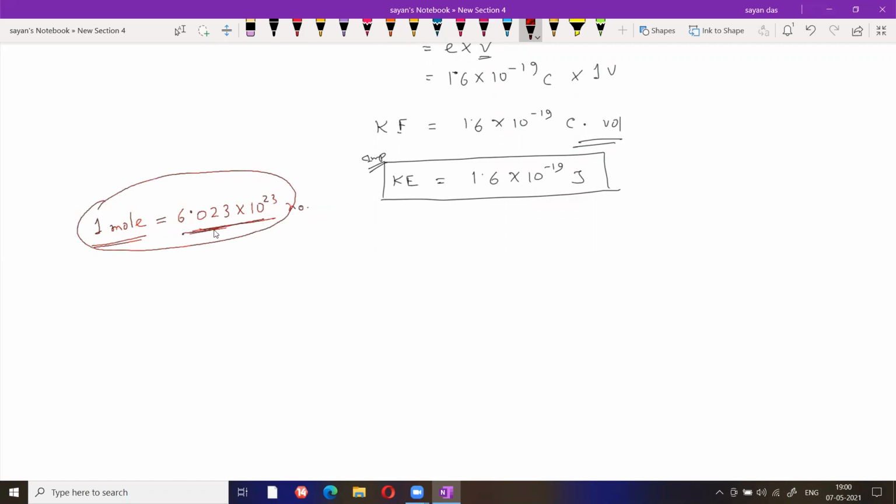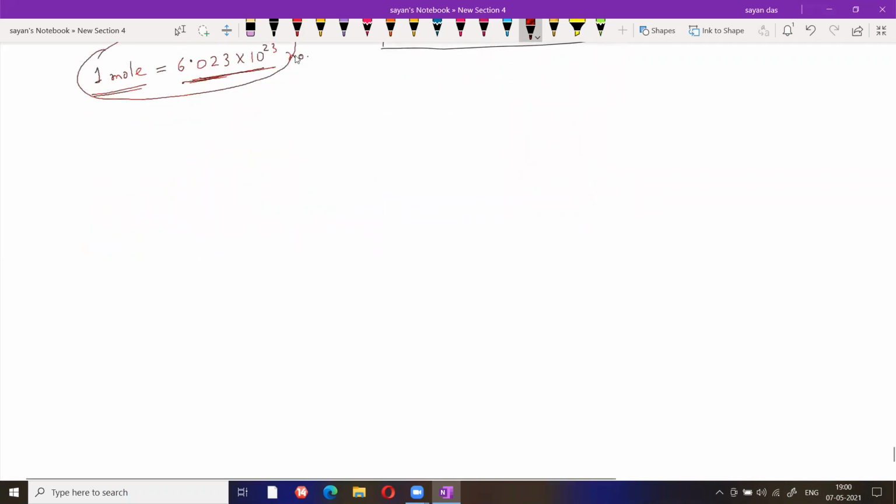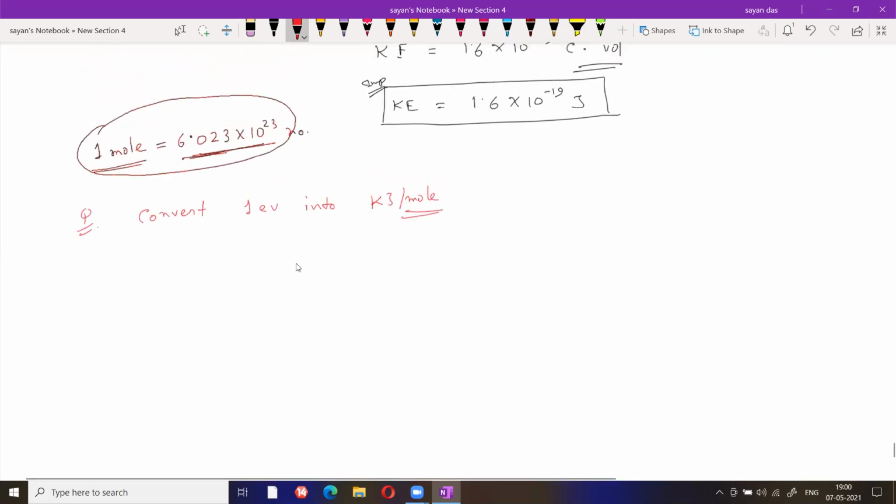Okay, now look, suppose the question is given: convert 1 electron volt into kilojoule per mole. Now how can you convert? We all know that kinetic energy equals 1 electron volt, which is 1.6 into 10 to the power minus 19 joule. Now you have to convert joule into per mole.